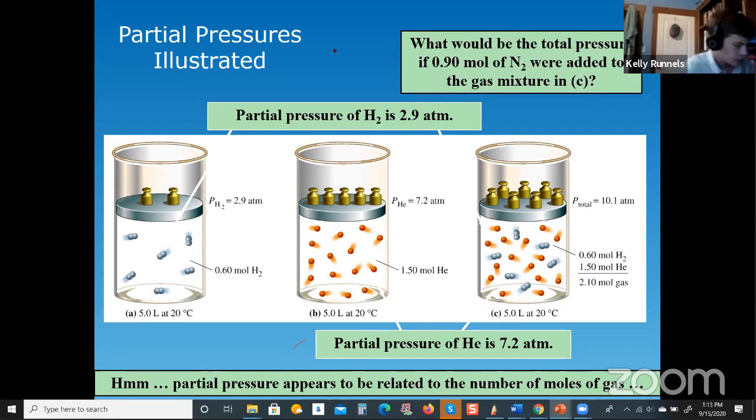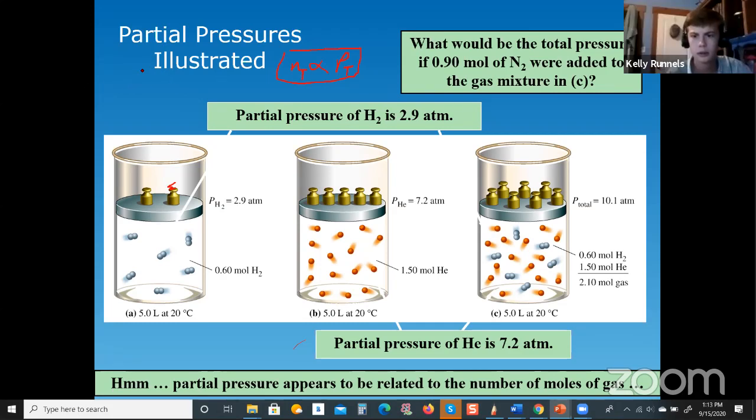Give me a second and I'll work that out. 3.0 times 293. And that's going to look like 14 liters. Okay, rounded to 2 sig figs.